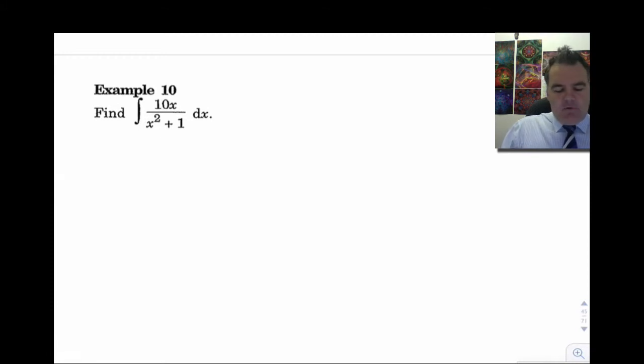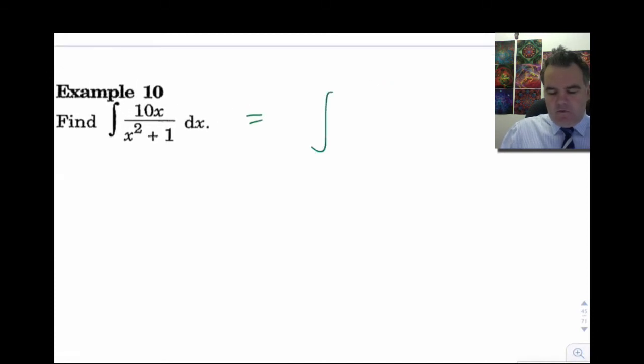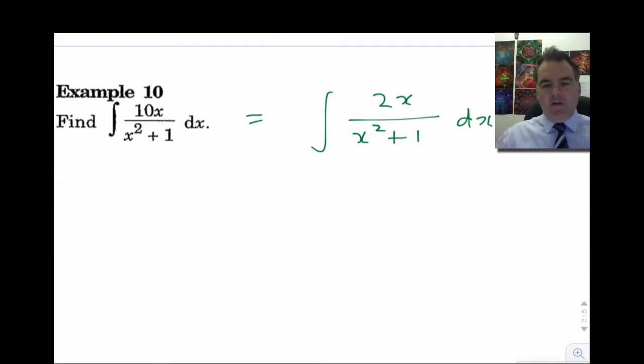In this example, again, what we want to do for these ones is write it in the form derivative over the original. So the form that I want is that. If I've got it in that form there, then I know that the answer is going to be ln x squared plus 1.